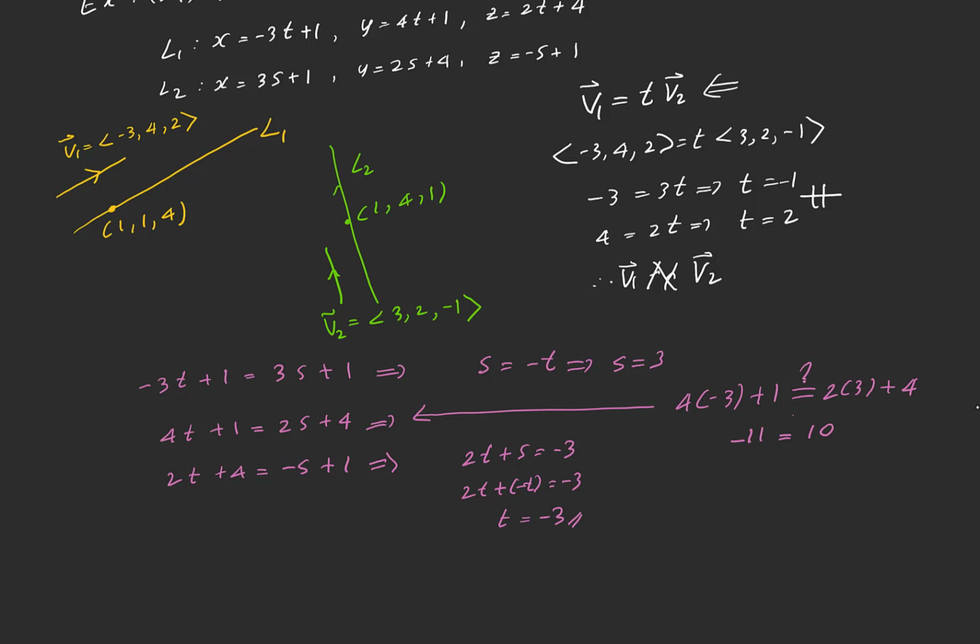Actually, you see these two are not equal. It means the second equation is not satisfied, right? Therefore, we can say these two lines do not intersect, because the second equation is not satisfied with the s and t values.